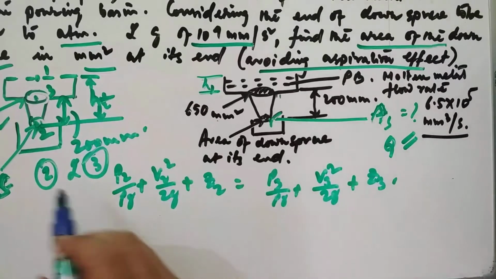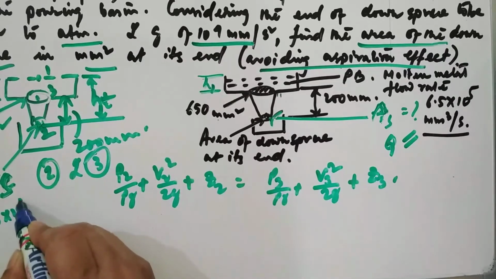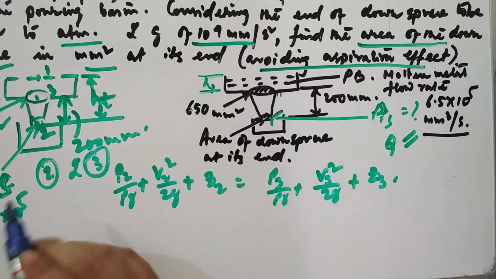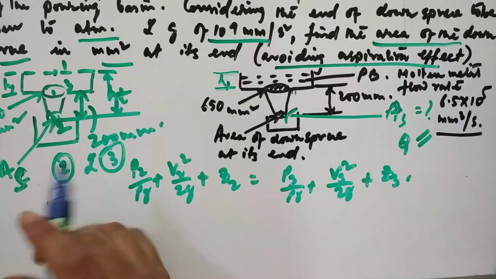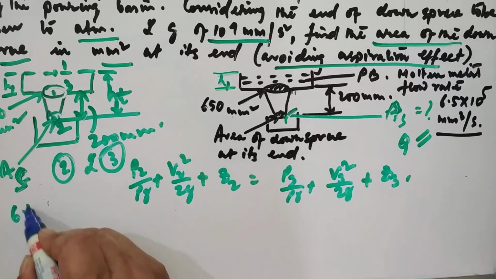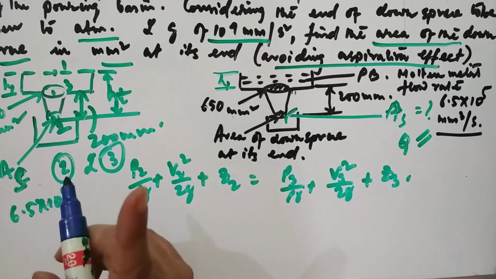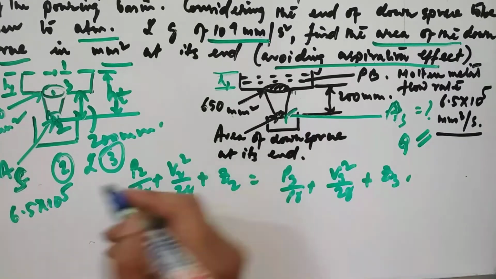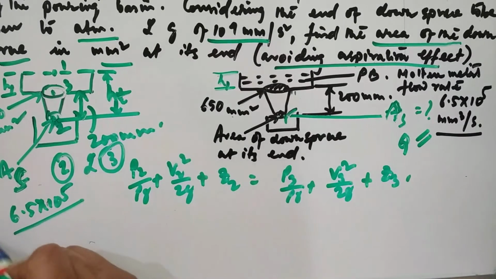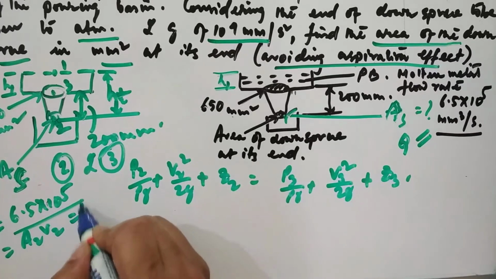So let us calculate now V3. We have 6.5 into 10 to the power 5, that is the flow rate, which is equal to A2 V2 equal to A3 V3.